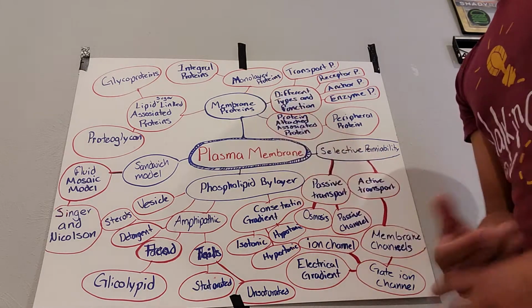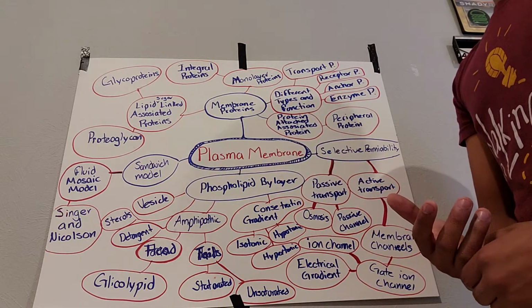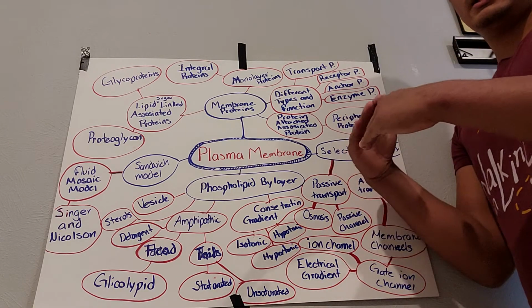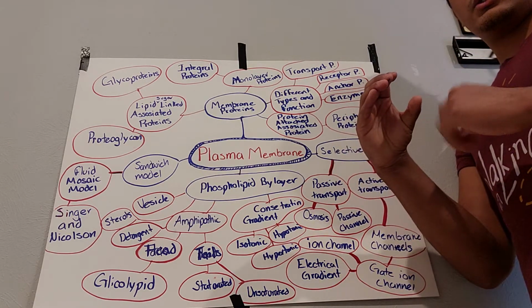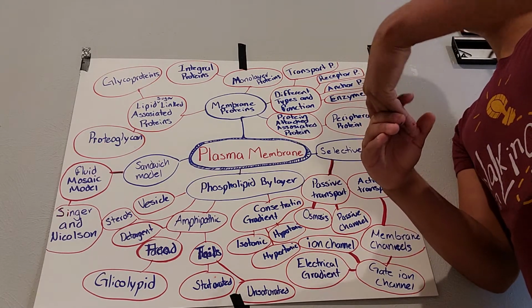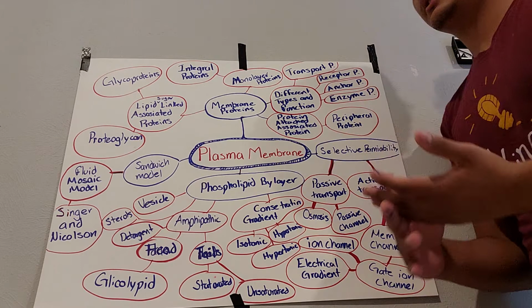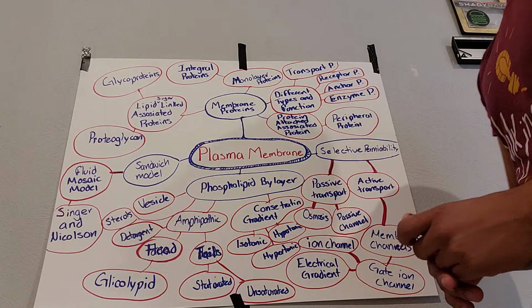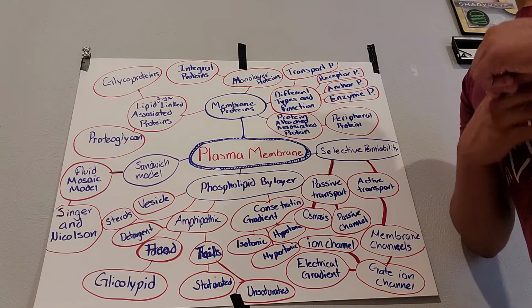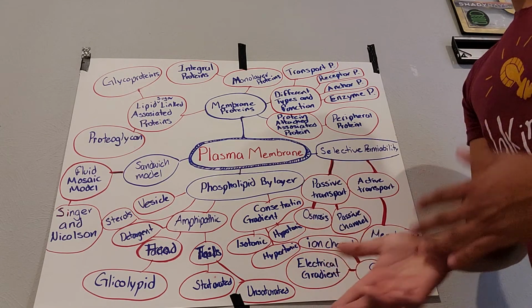Monolayer proteins are proteins that are only embedded into one side of the phospholipid bilayer. So you have two chunks, and only in one chunk would they be bonded. If any part of the protein is embedded into the plasma membrane, those proteins are called integral proteins.